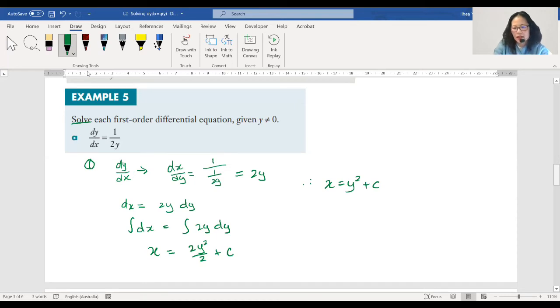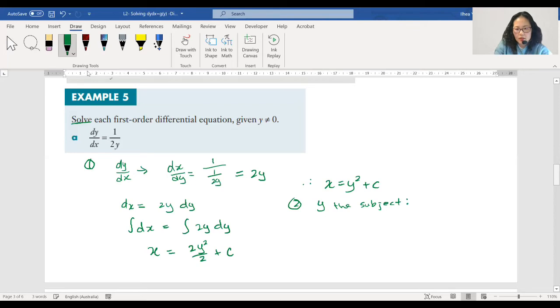Now, that's not what we want, is it? It says solve it for the first order differential equation, which needs to be in terms of y equals. So second, we're going to make y the subject. So make sure you do that.